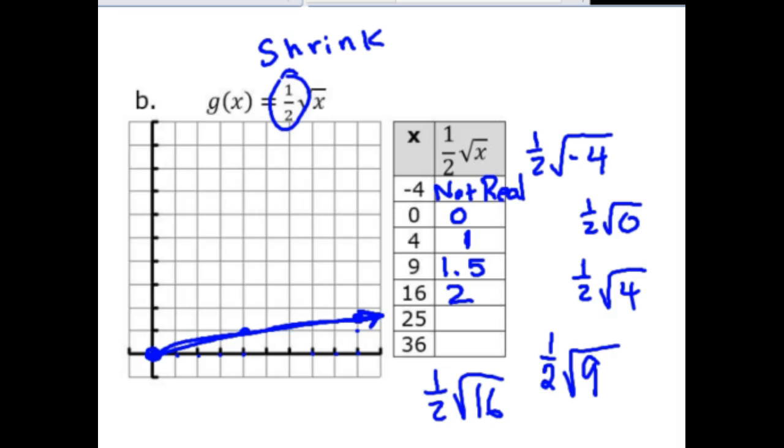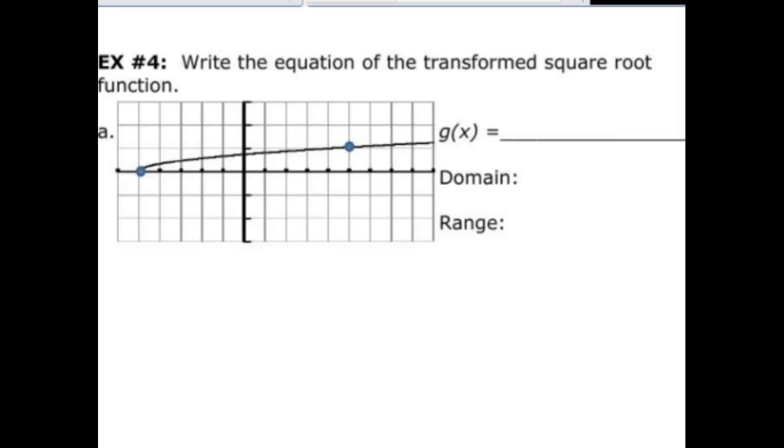The easiest way to make the graph if you have a shrink or compressed number is to figure out your table. But on this one right here, you have the graph and you need to write the equation. So, I put my point right here in the wrong place.